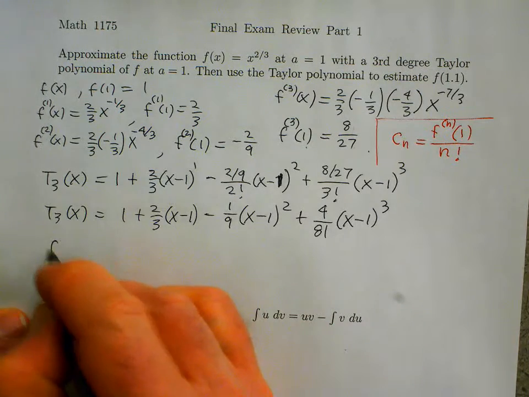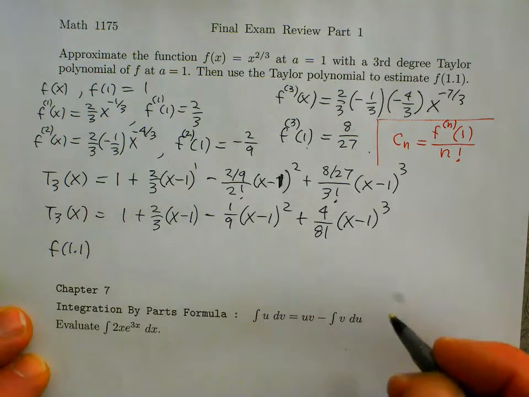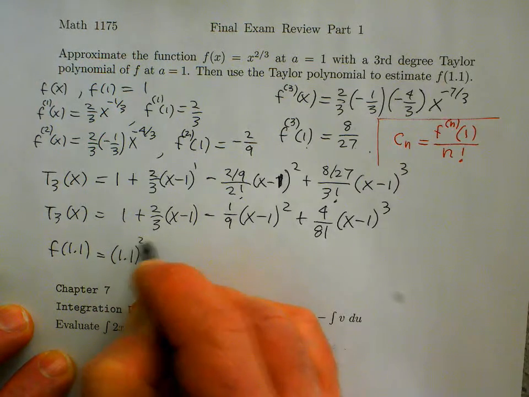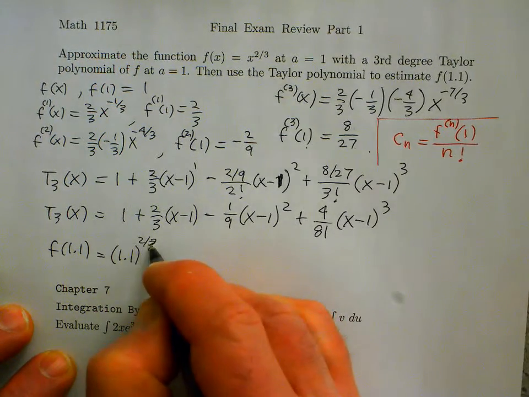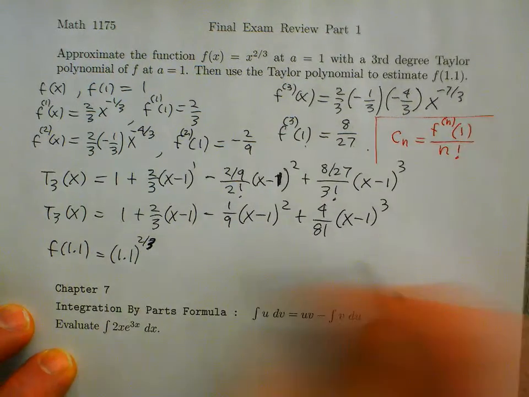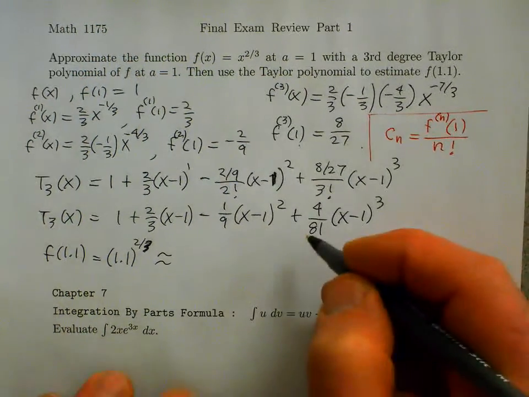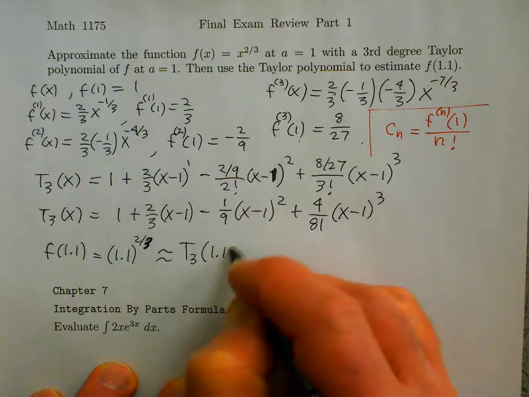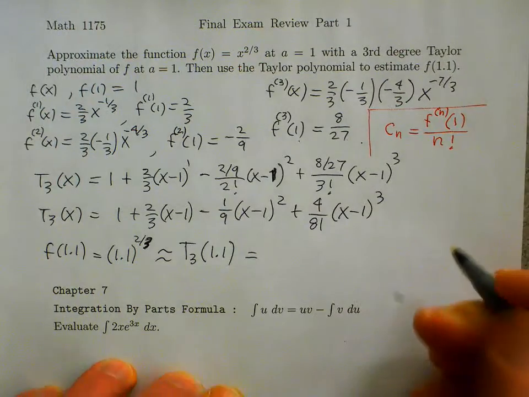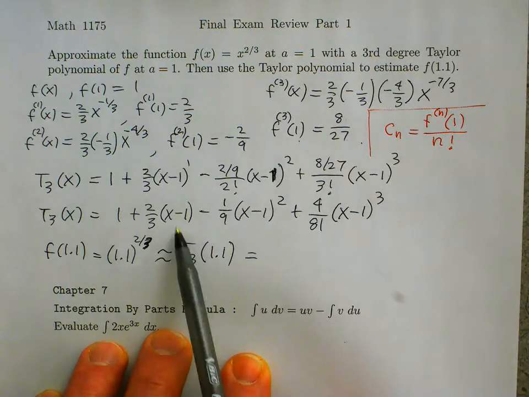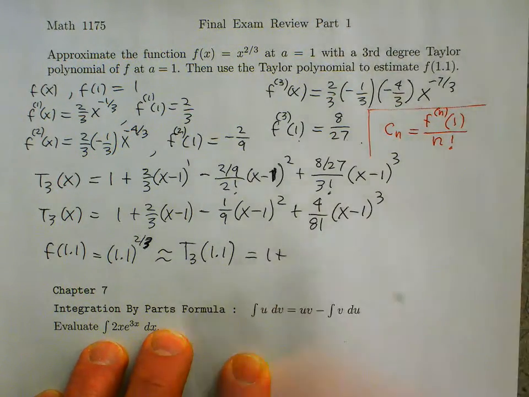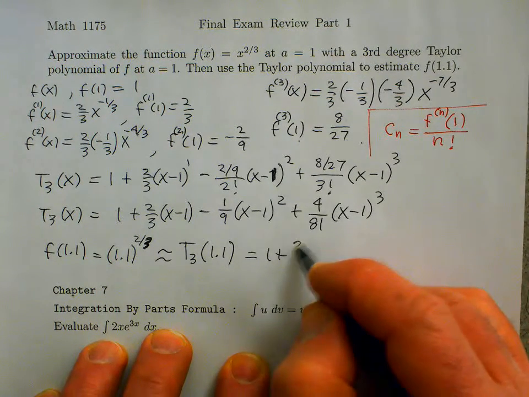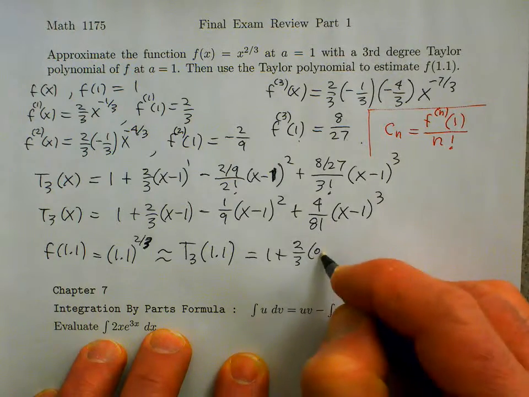So f of 1.1, which is 1.1 to the 2/3, is approximately equal to the Taylor polynomial evaluated at 1.1. Let's fill in some of the details. 1 plus, and 1.1 minus 1 is 0.1, so we have 1 plus 2/3 times 0.1.